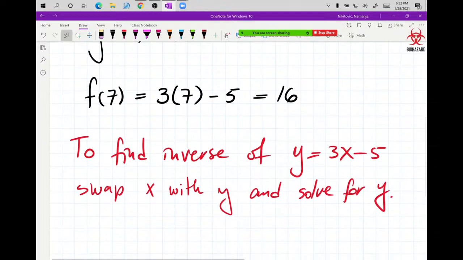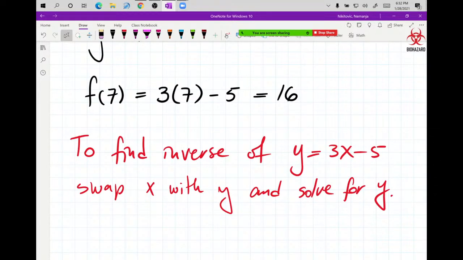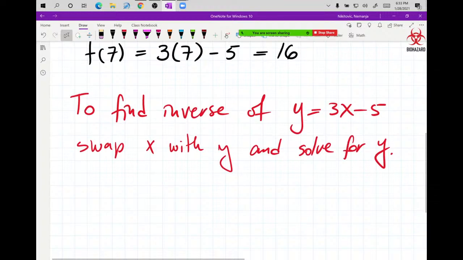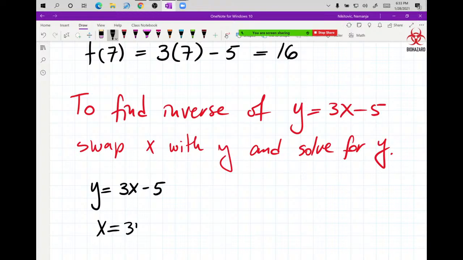Whatever I write in blood is something that you must know, otherwise doom and gloom and everything else. So we started with y equals 3x minus 5, and then here is x equals 3y minus 5. This is when the switcheroo happened.